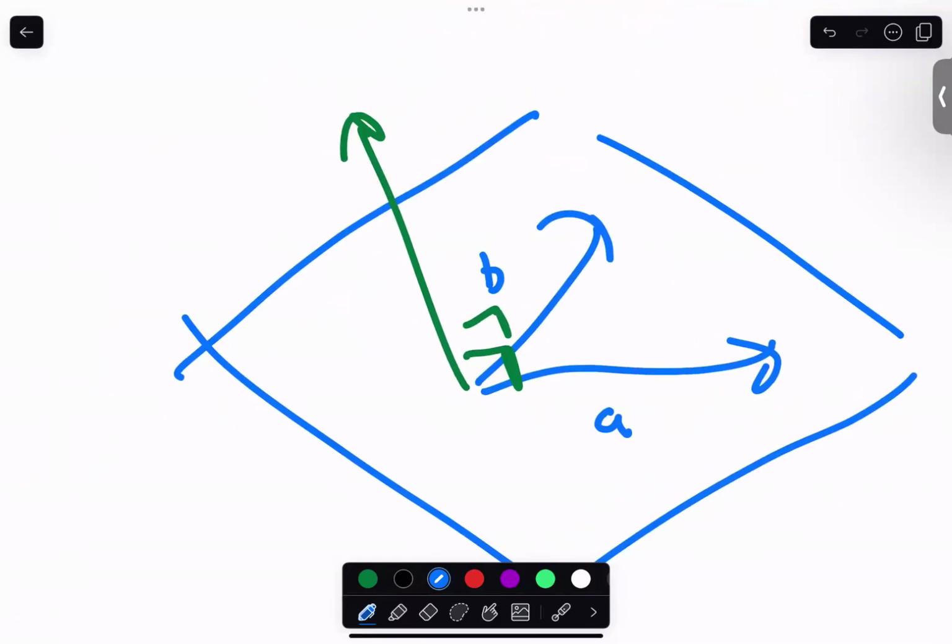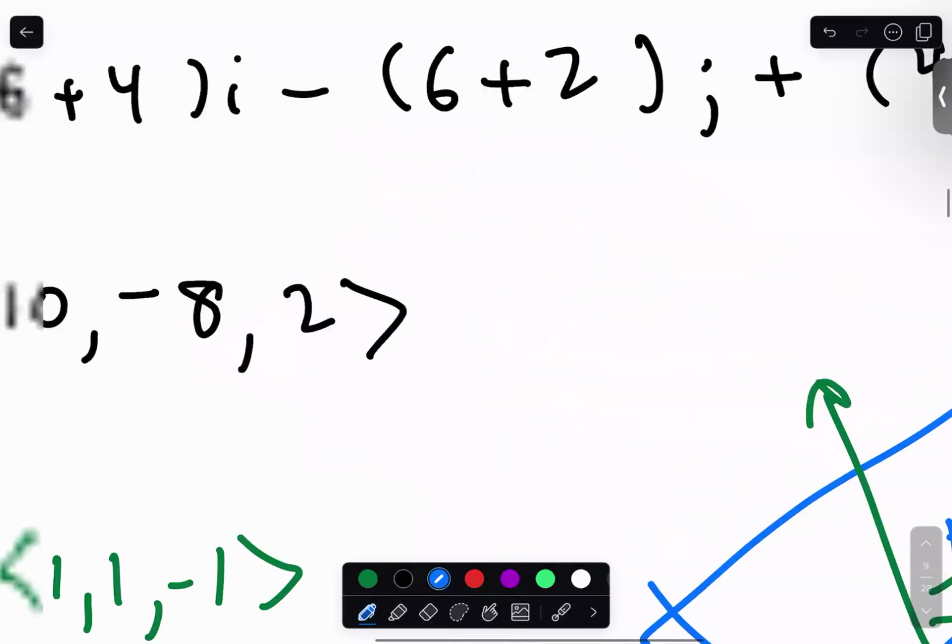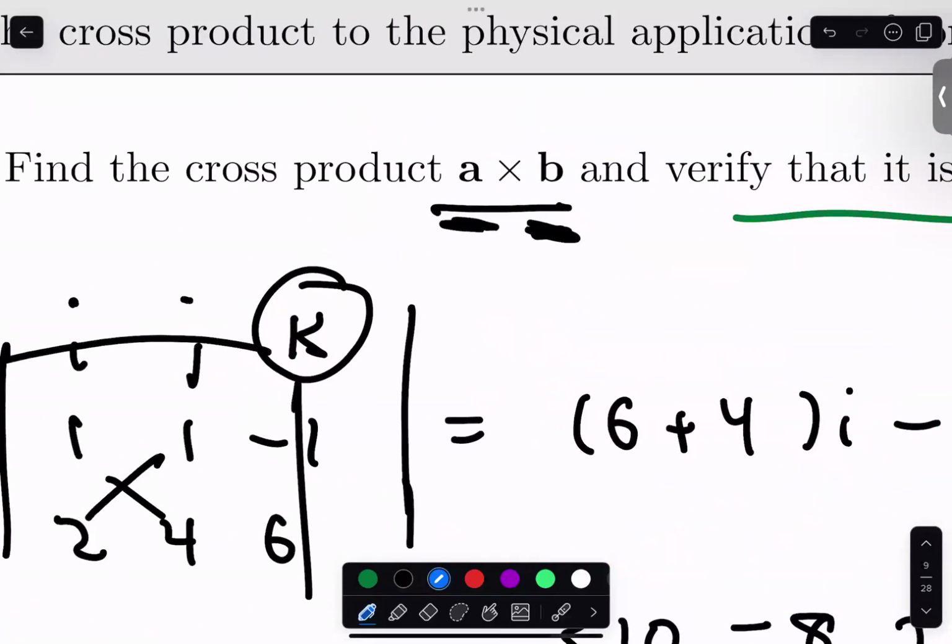So I'm going to do my best to hold my hand up to the screen here and maybe also sketch on the iPad as well. But the right-hand rule says, using your right hand, you want to go through first whatever your first vector is, and then through whatever your second vector is. So in this case, it's A cross B. So I want to go through A first and then through B using my fingers of my right hand.